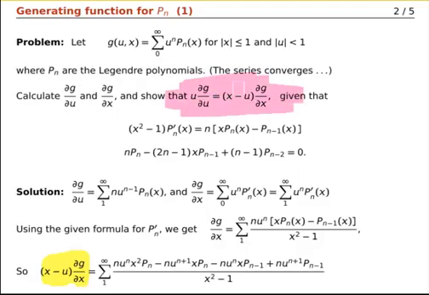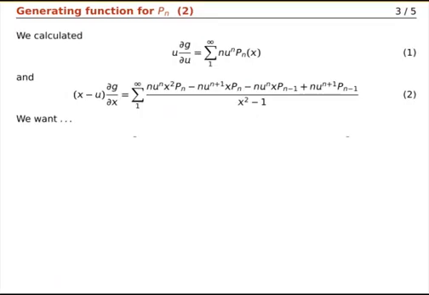We want to show that u dg du equals x minus u dg dx. Therefore, we look at x minus u dg dx, we multiply this thing by x, multiply it by u and subtract, and we get this bunch of terms. I'm not going to take you through the tedious but trivial details of that.